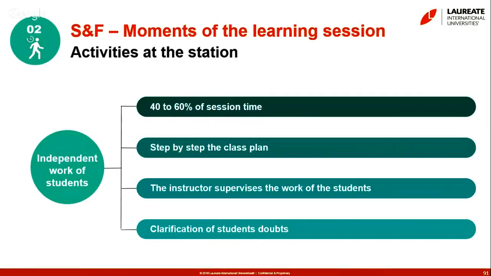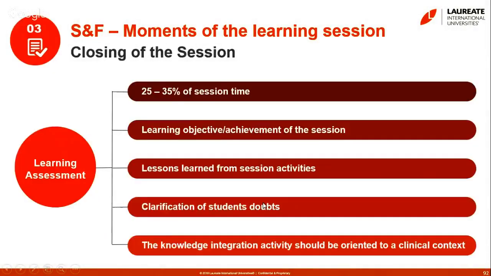So, the academic documentation is a key point for our model. Everything has to be very detailed for them in the guide. The instructor will supervise the work of the students in a side-by-side way and clarify doubts.